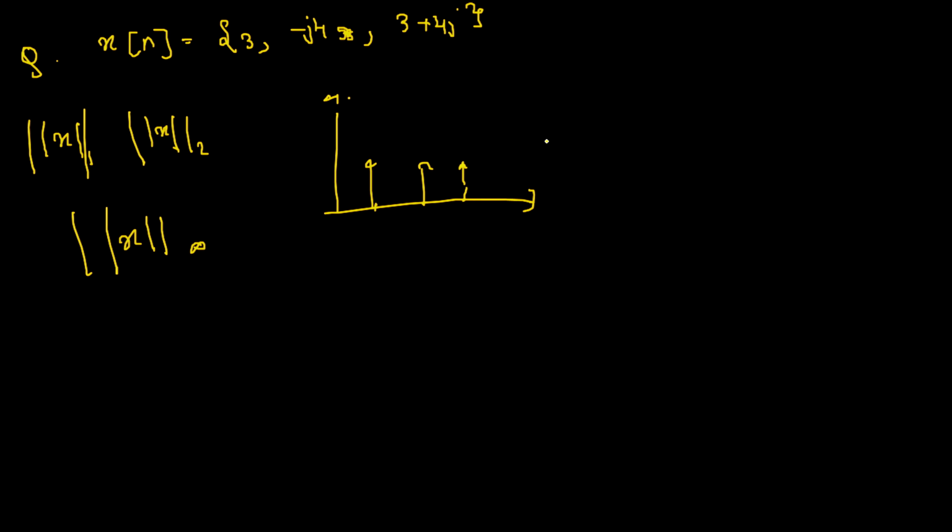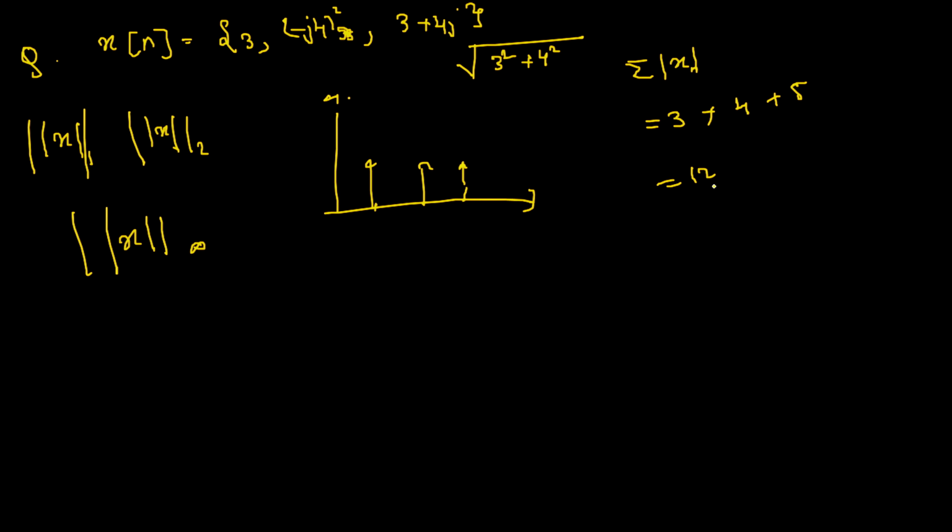The first thing we need to do is for L1: it just becomes the summation of mod of x[n]. So we need to take the modulus of each of these. 3 remains 3. Minus j4 in magnitude becomes 4, and 3 plus 4j in magnitude becomes root under 3 square plus 4 square, that is 5.